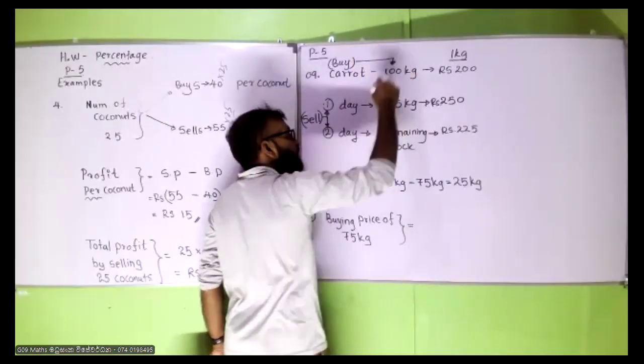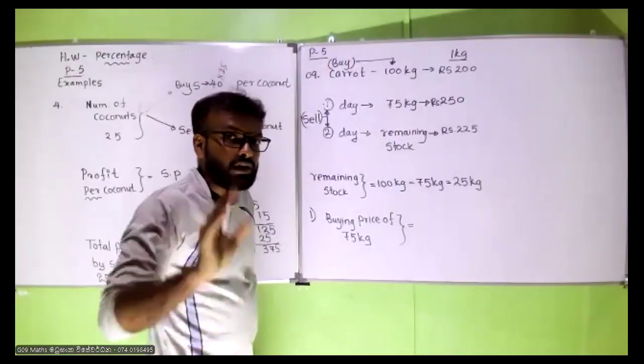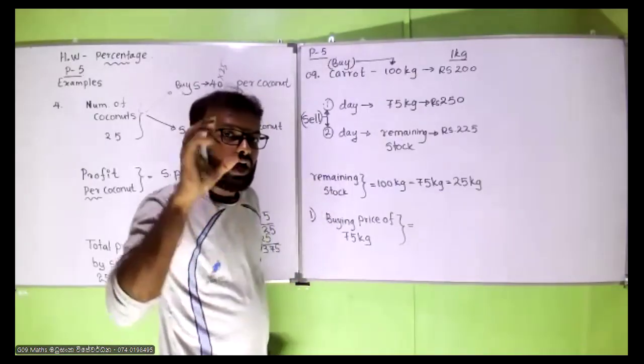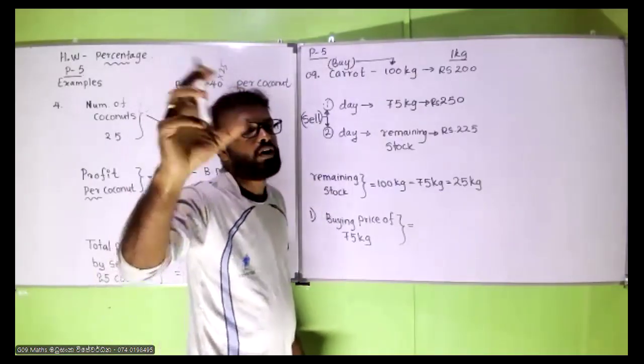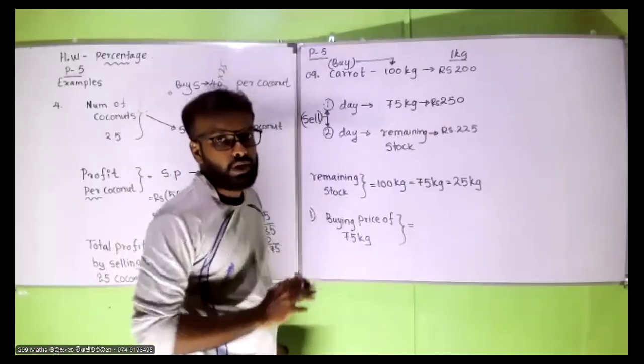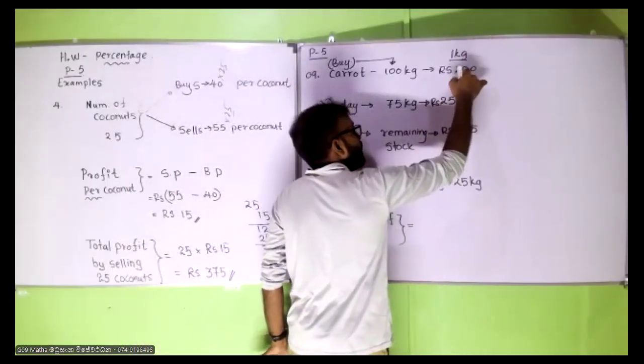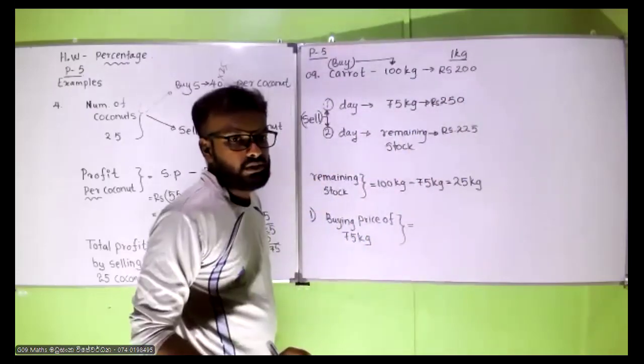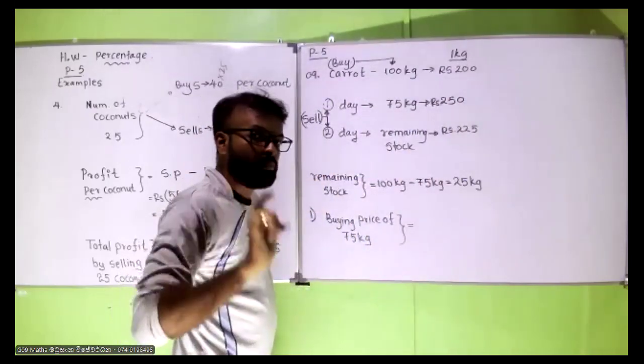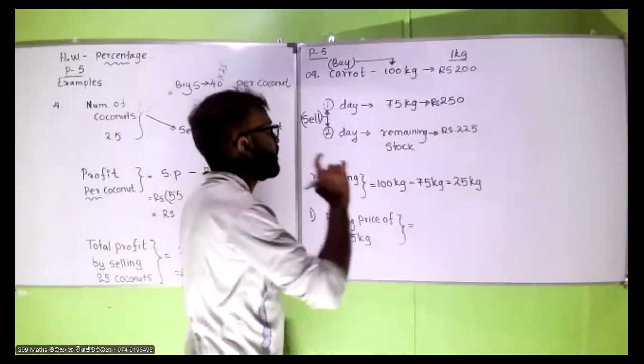So he has already bought 100 kilograms, but out of that 100 kilograms, we need to calculate the buying price of 75 kilograms. Right? So per kilogram has been bought for 200 rupees.